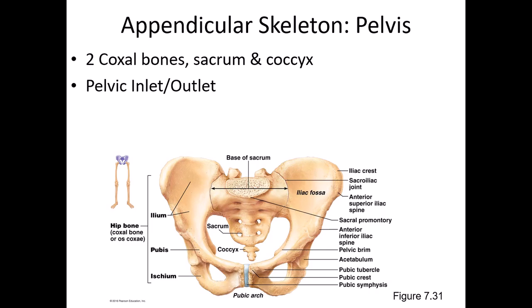The pelvic inlet is where organs might move between abdominal cavity and into the pelvic cavity, like your sigmoid colon, for example, which is part of your digestive tract. The pelvic outlet is a space that is going to be sealed with skeletal muscle and soft tissue, and is going to allow structures to pass to the outside of the body.